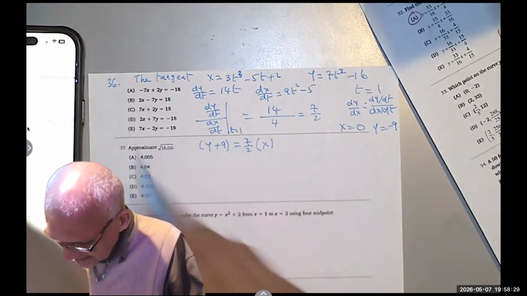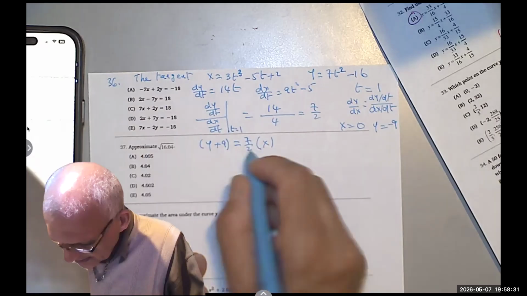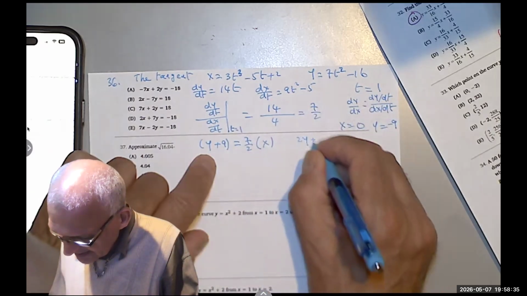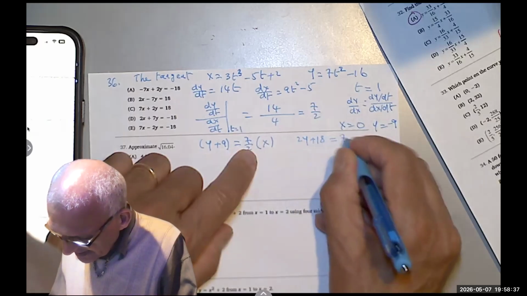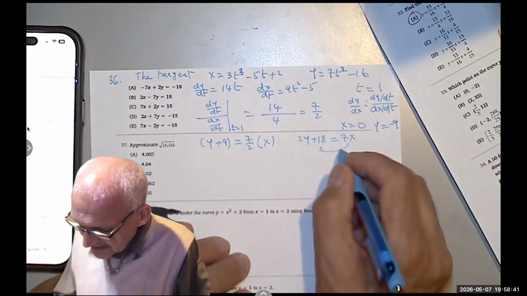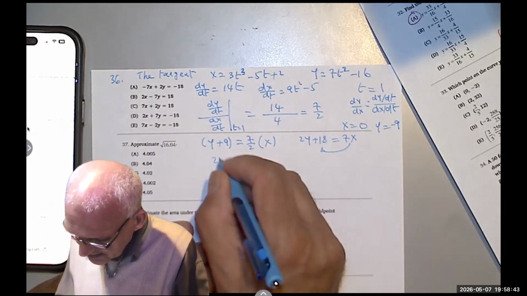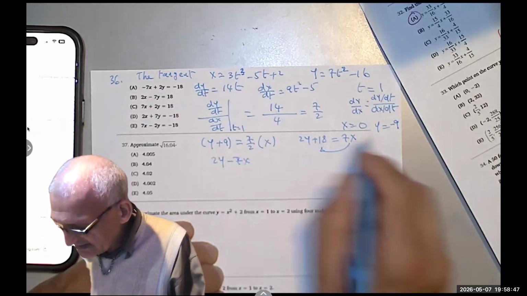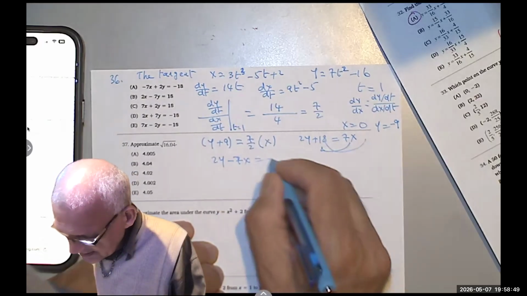They have everything on the left, so I would multiply right and left by 2. So I get 2y plus 18 equals 7x. Then I'm going to move the 7x by subtracting 7x from both sides, and then subtract 18 from both sides.